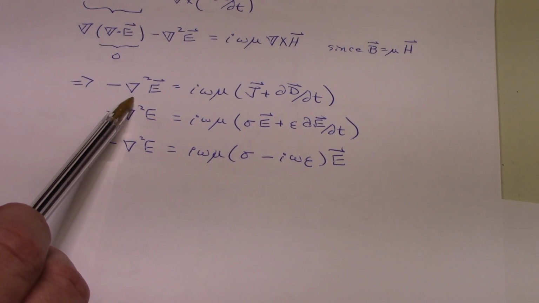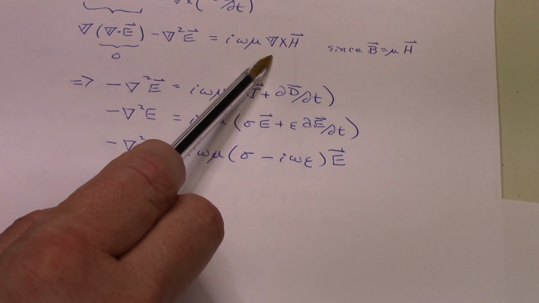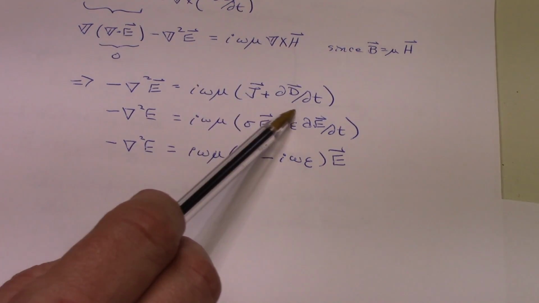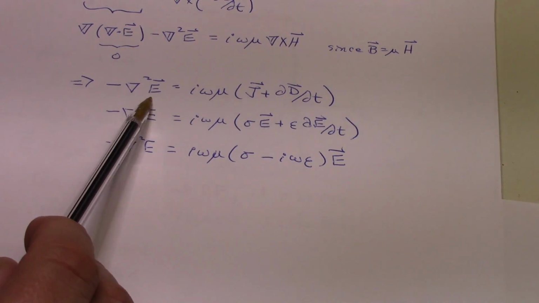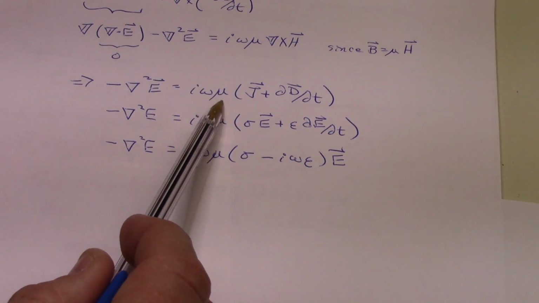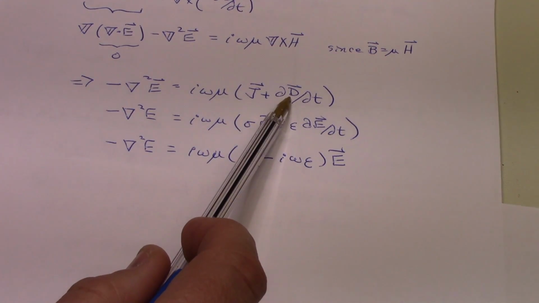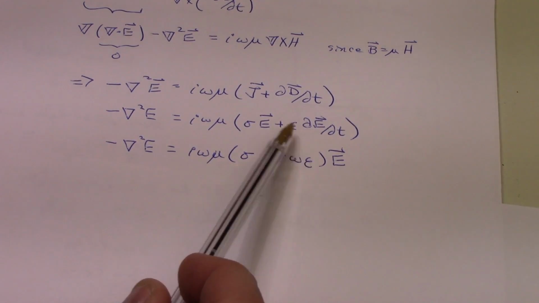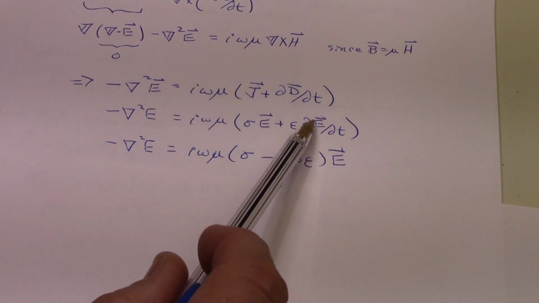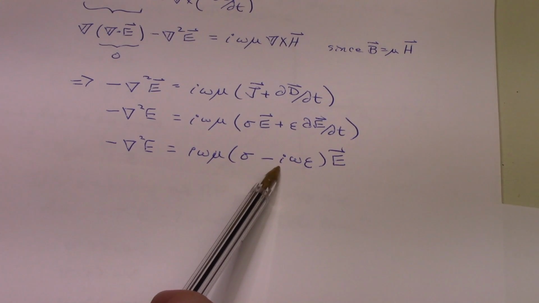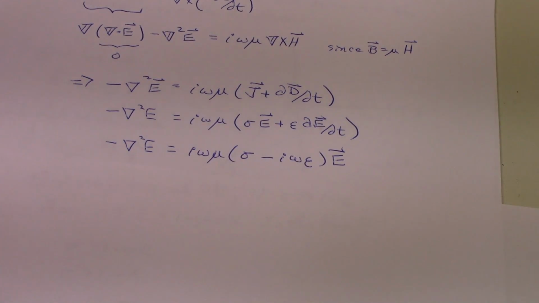We can replace this curl of H with one of the previous Maxwell equations, so we end up with the negative Laplacian of E equal to i omega mu times this, and we can rewrite D as epsilon times E. Then we can take an E out of everything after we take the time derivative, which brings down another negative i omega, and here we go.